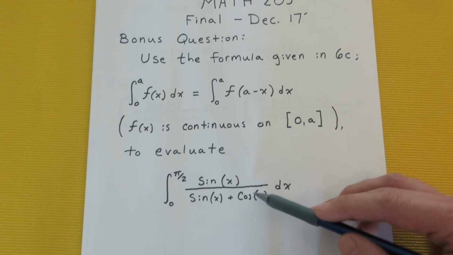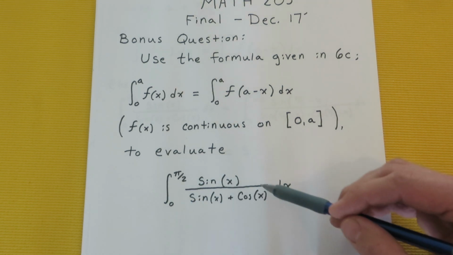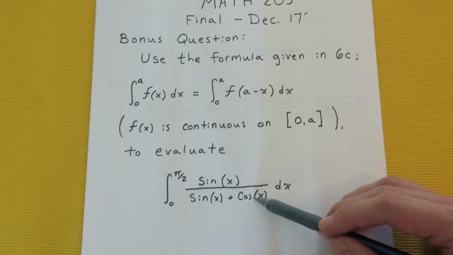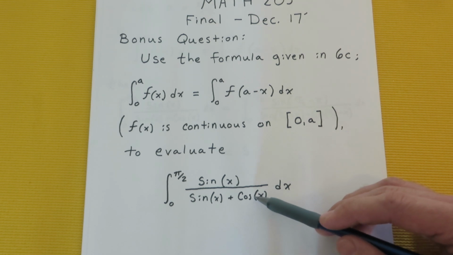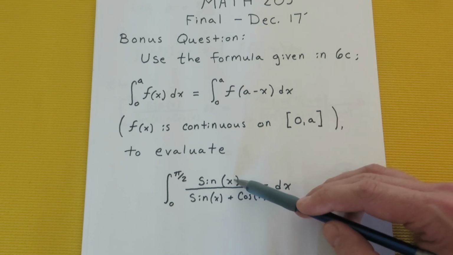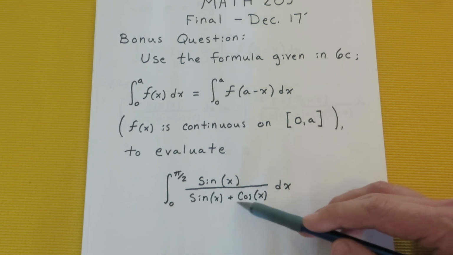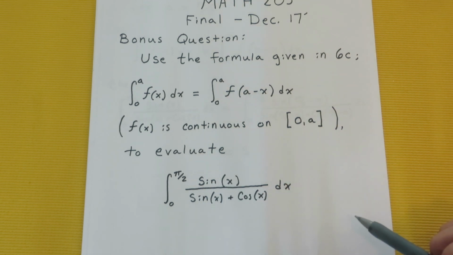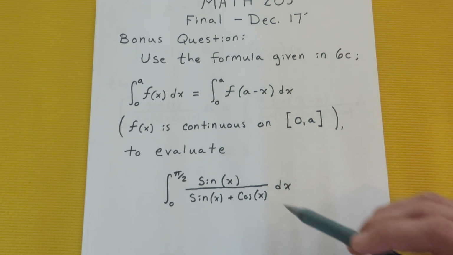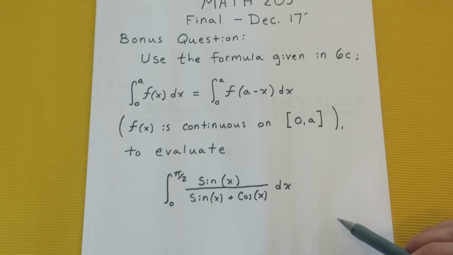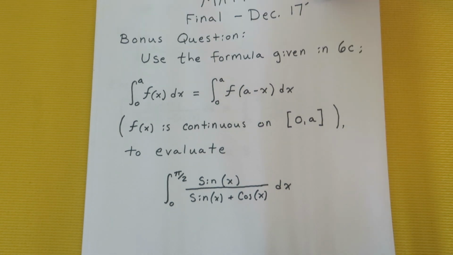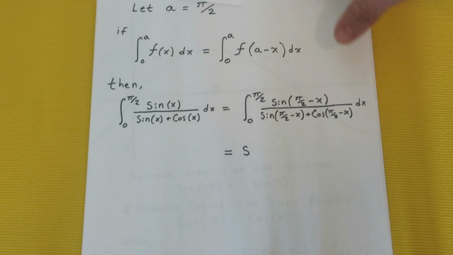And if you try a negative here and a negative here, and say cosine of x is your u, then negative sine of x would be your du, but then you also have a sine of x down here, which complicates things. I would invite you to try it so you can see just how complicated it could be. You'll realize why it might be wiser to find an easier way to evaluate this, which is what I'm going to show you.